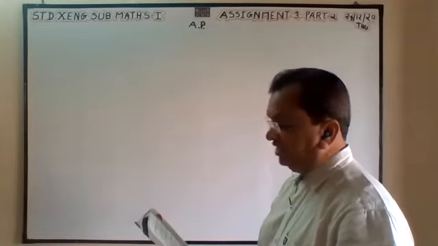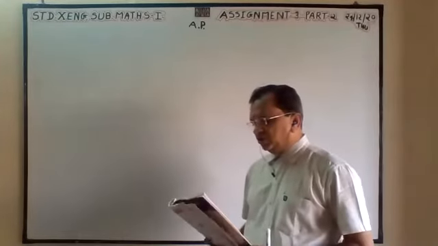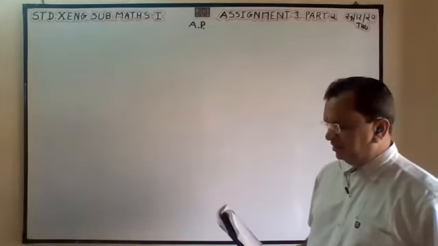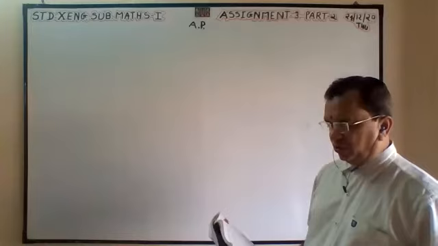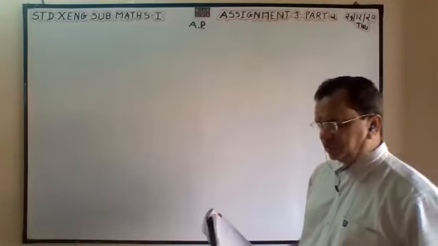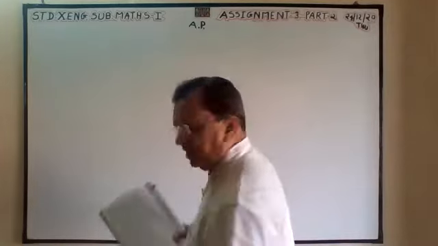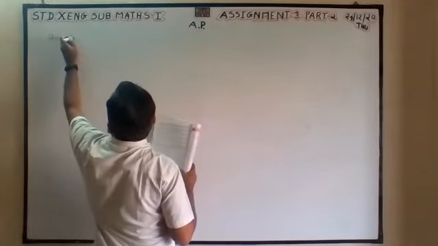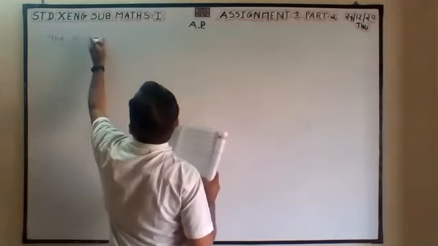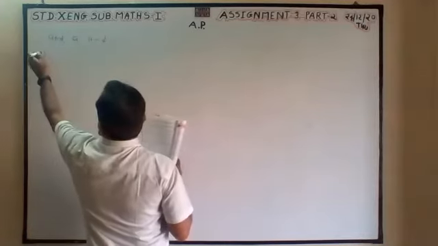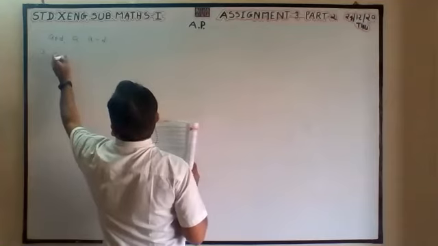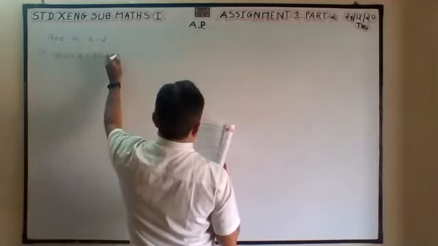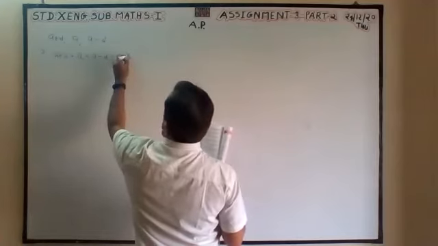Divide 207 into 3 parts such that all parts are in AP, and the product of the two smaller parts is 4623. Let the three numbers be A plus D, A, and A minus D. Condition 1: the sum of the three numbers is 207.